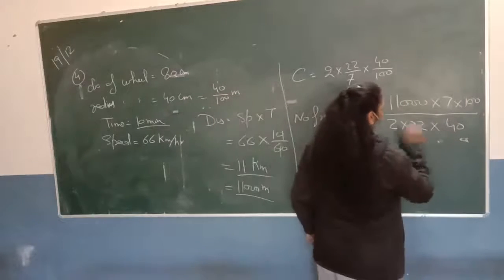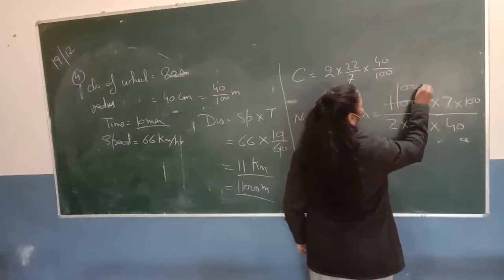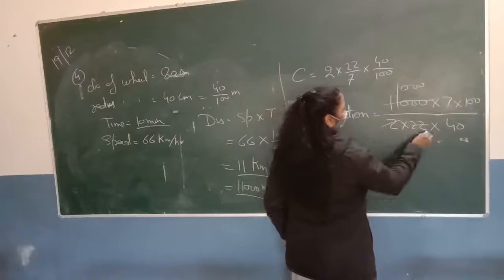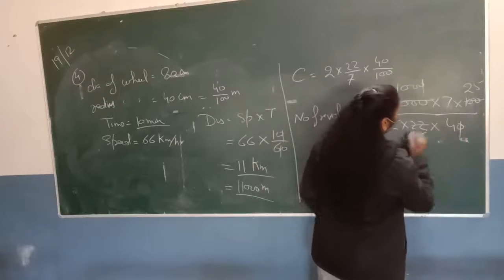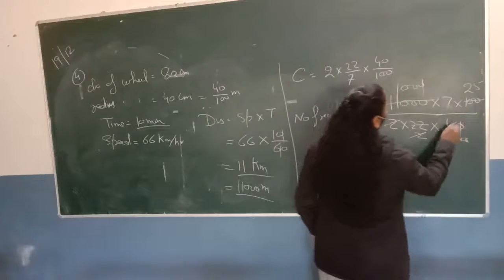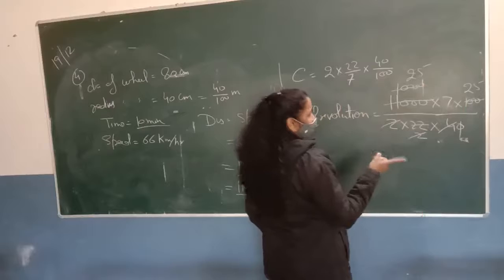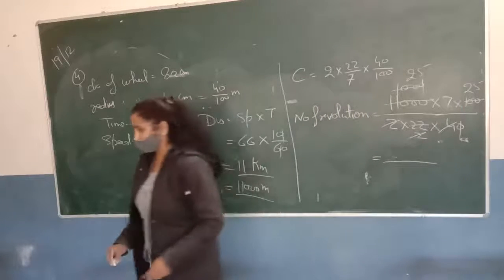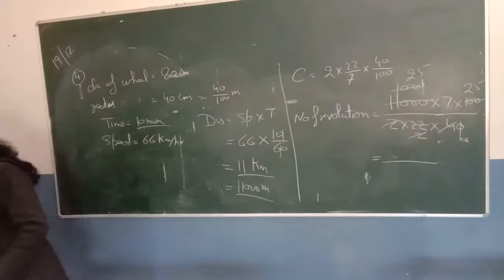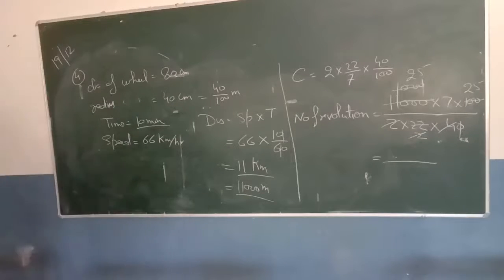So by solving this one, 22 2 times, 1000 times, 4 25 times, 0 0, and 4 say 25 times. So it will be 25 to 25 to 7. Please calculate this one. This is the number of revolutions taken by the wheel of the car. Any doubt? Please calculate this one. मुझे बताओ कितना आ रहा है.